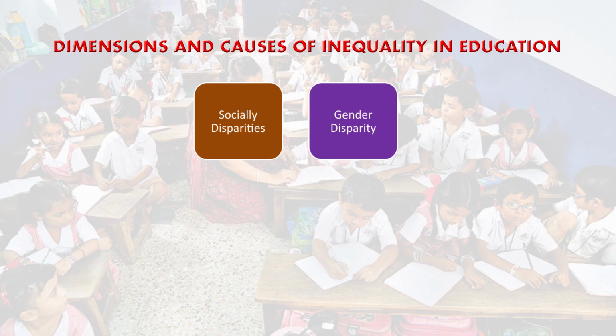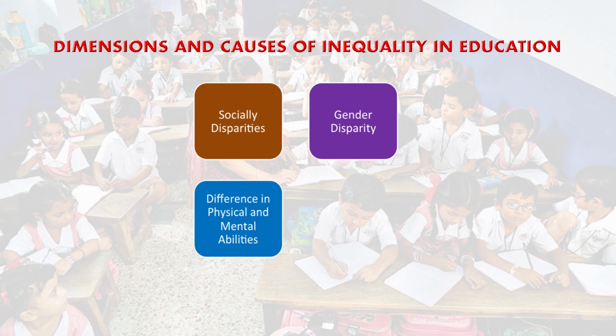Many a time you will find that the boys are getting enough opportunity for their education and for getting other resources, but the girl child is deprived, the girl child is not getting all such resources and all such facilities even in the same family. Okay. So, that is why gender disparity is also another dimension of inequality in education.